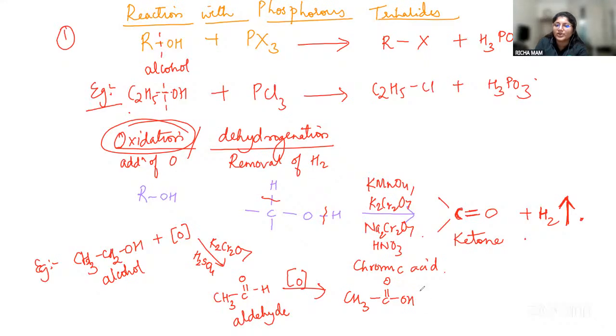So we are adding oxygen and removing hydrogen. Dehydrogenation and oxidation take place simultaneously, and we are forming acetic acid. So these are the oxidation and dehydrogenation reactions where the cleavage of the O-H bond takes place.